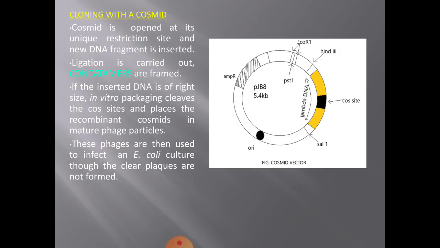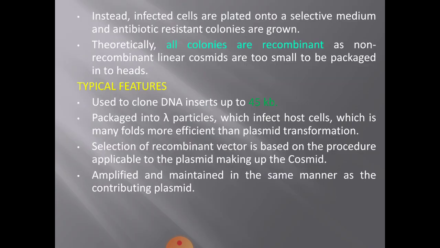There is one ampicillin resistance gene here. Theoretically, one advantage is that all colonies are recombinant, because non-recombinant linear cosmids are too small to be packaged into heads. So by rule, if you get a colony, invariably it is going to be a recombinant colony.